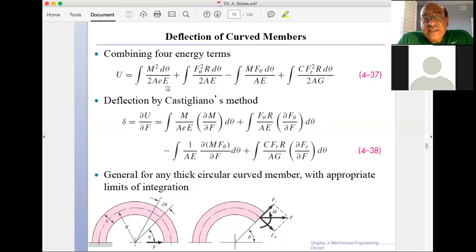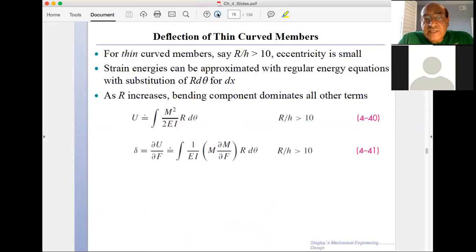So most of the elastic energy gets stored in bending, and that makes it very simplified. So if we have members that look like wires, for example, where the radius of the wire is small compared to its radius of curvature, then we can readily remove all of the last three components and just retain the first one. So the example that I wanted to give is exactly on this.